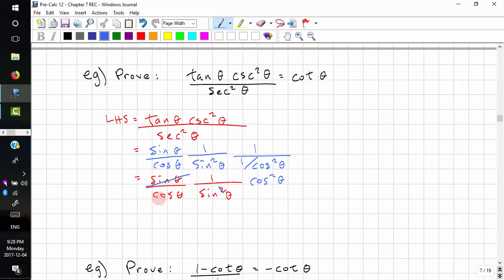We're going to cancel one of the cos thetas, and we're going to cancel from the exponent. This leaves us with cos theta over sine theta, and this equals cotangent theta. That's the identity for cotangent, and that equals the right-hand side, and QED.